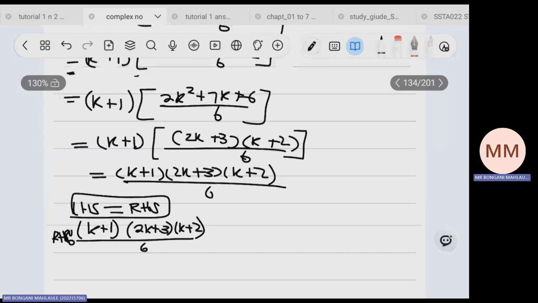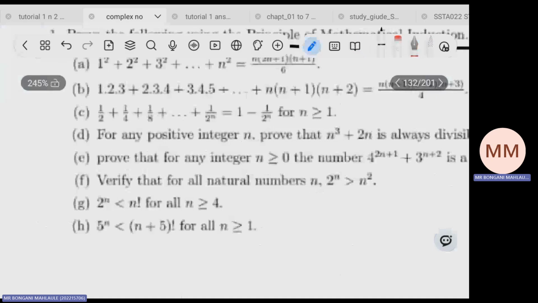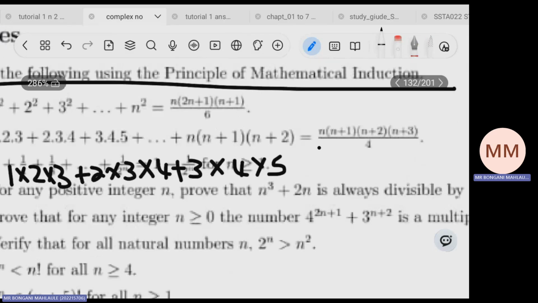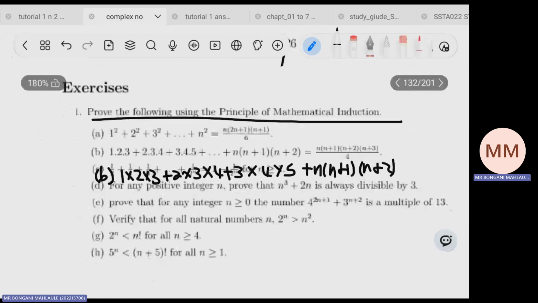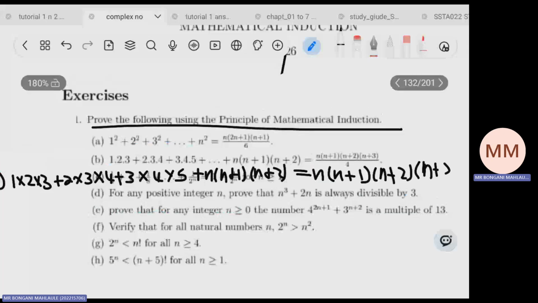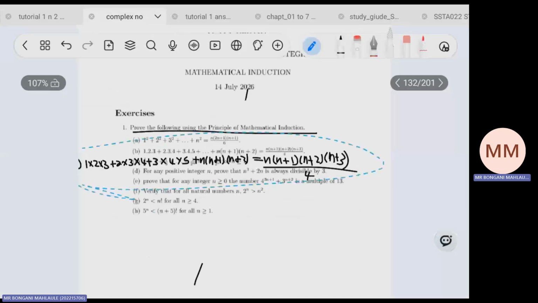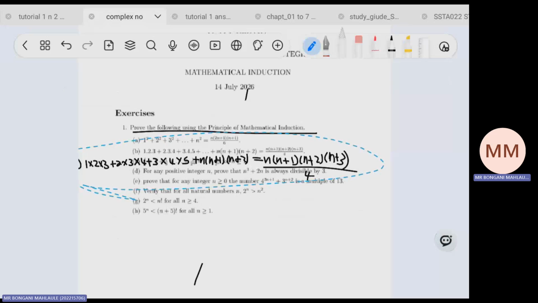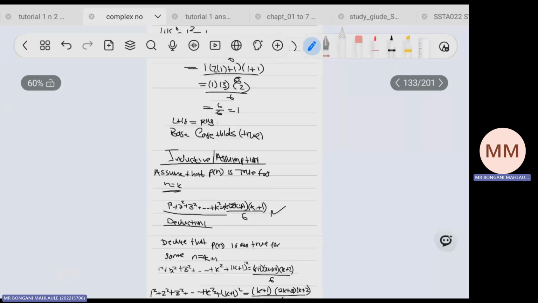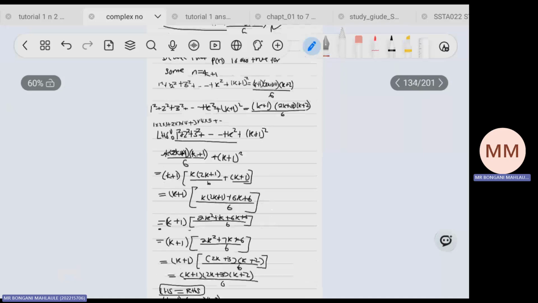Then the second one, letter B. So now coming to this part, we can say base case.